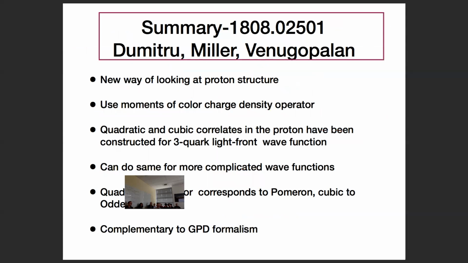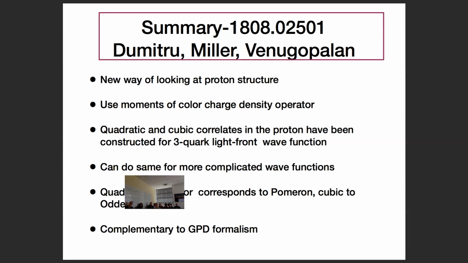Anyway, now I'm at the last slide. I think we have a new way of looking at the proton structure. The new way is to use moments of the color charge density. We actually constructed, using a simple three-quark light-cone wave function, the quadratic and cubic correlators.